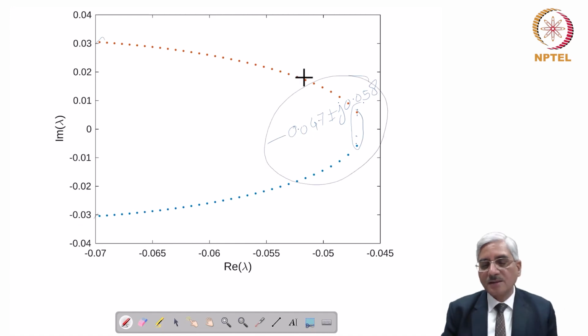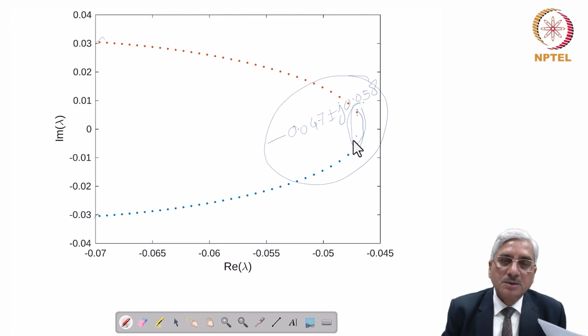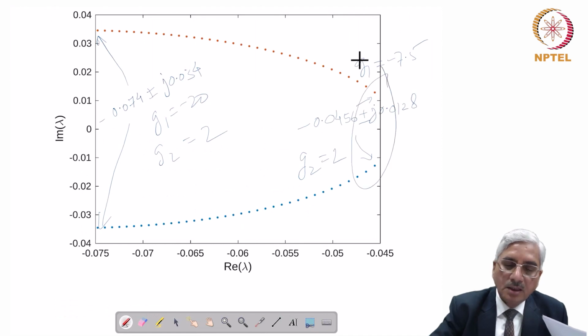This decides the characteristics of the system when it is trying to approach the equilibrium, or these are the dominant pair of eigenvalues when we consider various G1 and G2. These are in the previous combination, this one, and so on.